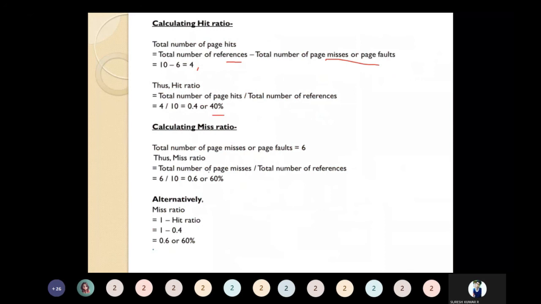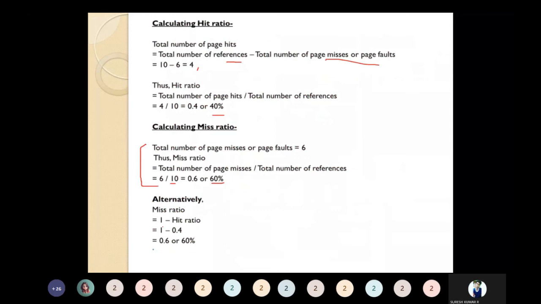Next, the miss ratio. We need to find the total number of page misses divided by the total number of references. The total number of misses, that is the page faults, is 6, so 6 divided by 10 is 60%.